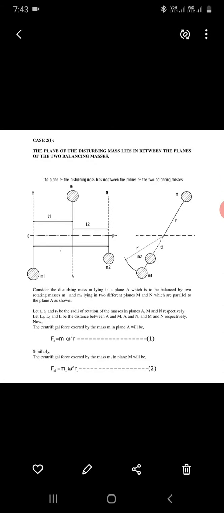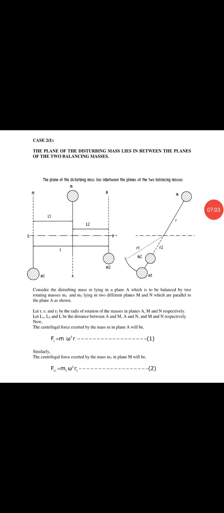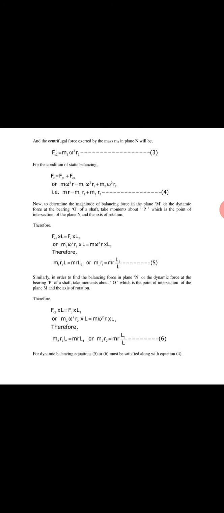Similarly, the centrifugal force exerted by mass M1 on plane M is F1 = M1 omega square R1, equation number 2. Now finding the centrifugal force of the other balancing mass, that is M2 on plane N, will be F2 = M2 omega square R2.